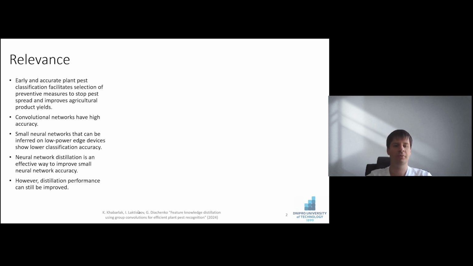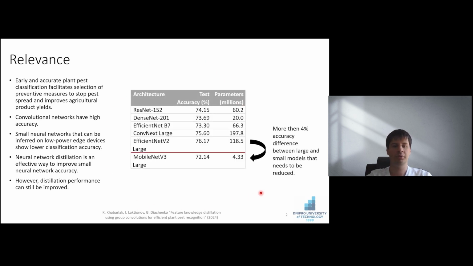We have also trained multiple neural networks. Up above, you can see large neural network architectures like ResNet, DenseNet, EfficientNet V1 and V2, and ConvNext Large. And at the bottom, we can see a mobile-friendly neural network, MobileNet V3, which is quite popular in the research field.